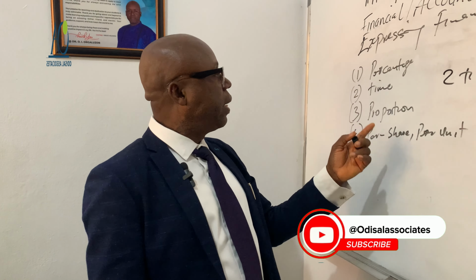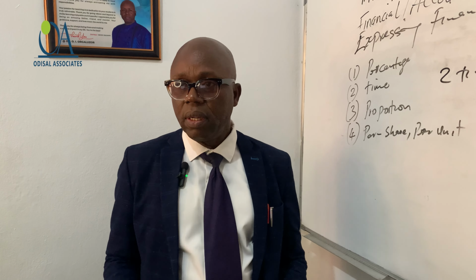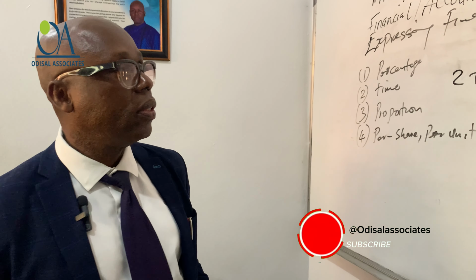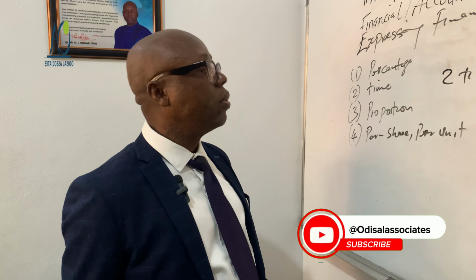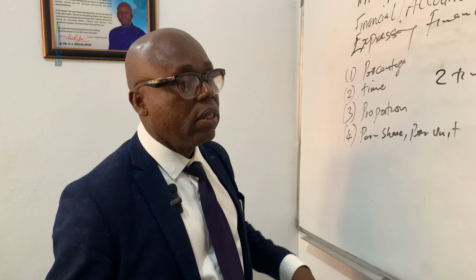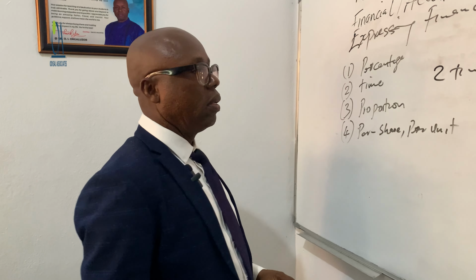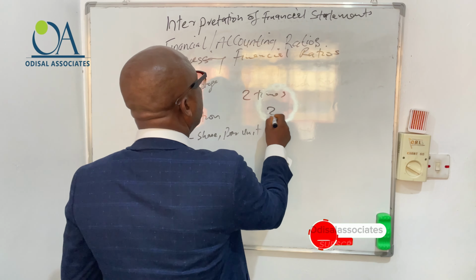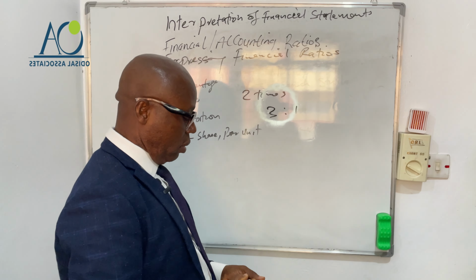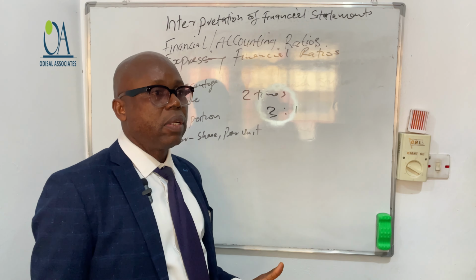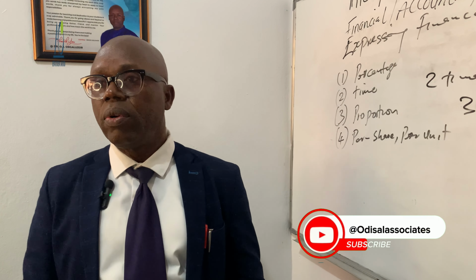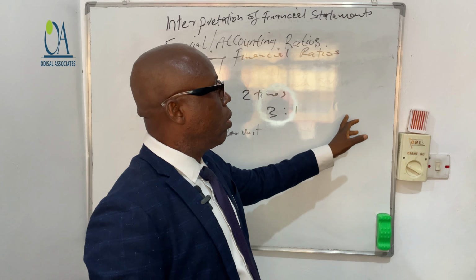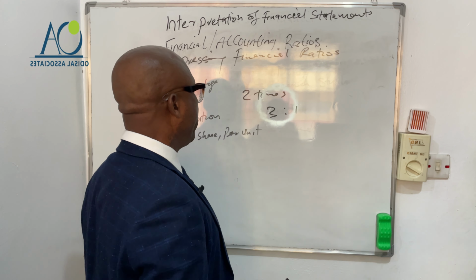It can also be expressed using days when we are calculating turnover or the collection period: 5 days, 50 days, 20 days. We can also use proportion, like 3:1, like when we are doing the current ratio. We say current assets to current liabilities.